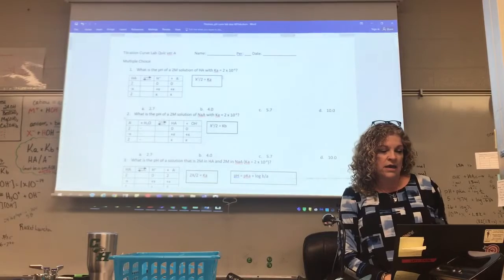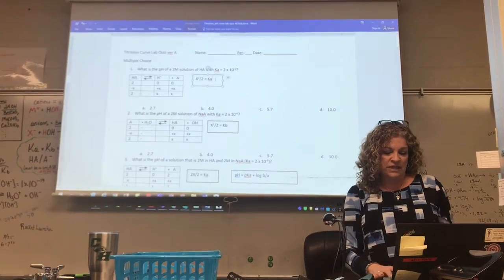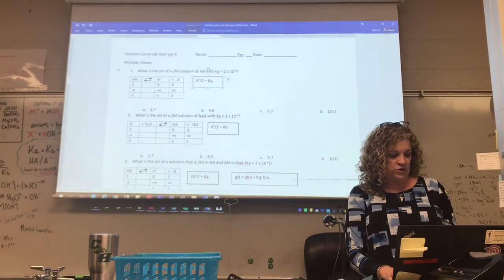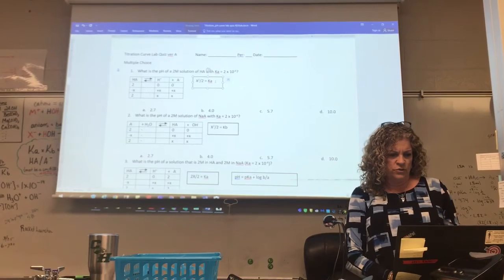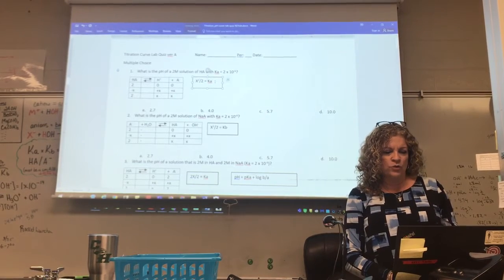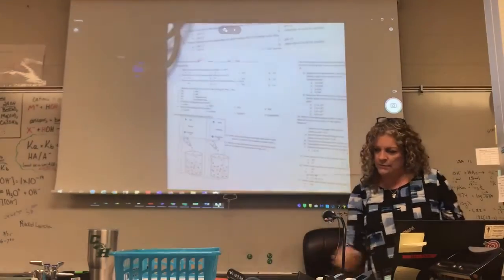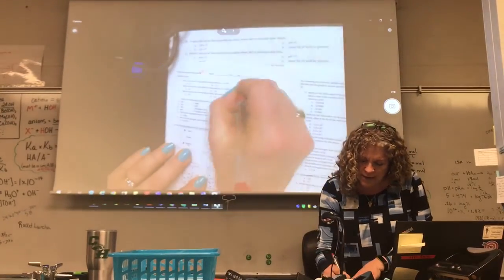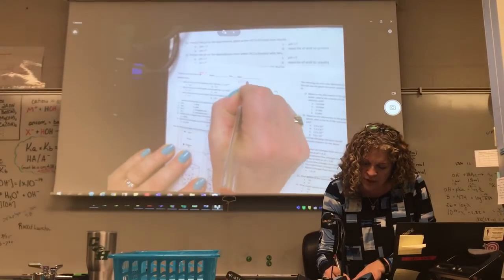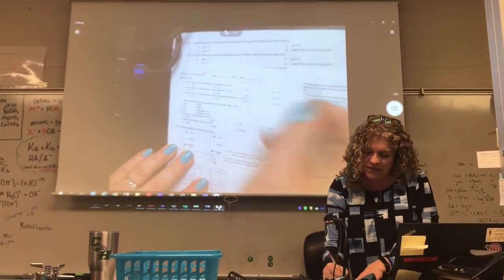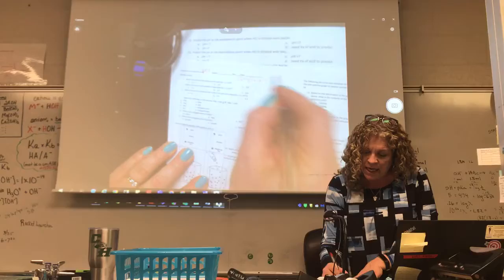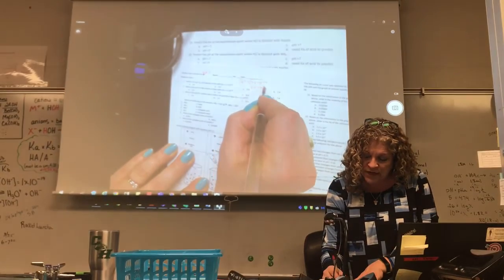If x squared is 4 times 10 to the negative 6, then the square root is going to be 2 times 10 to the negative 3.